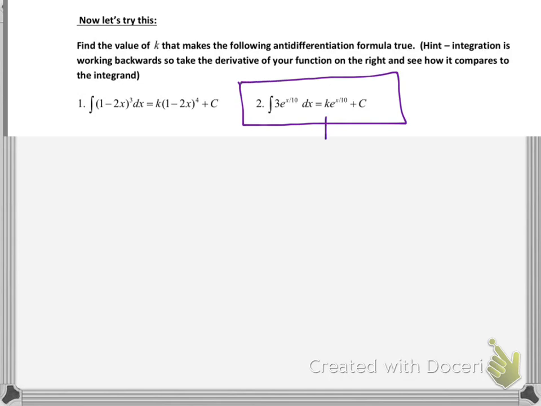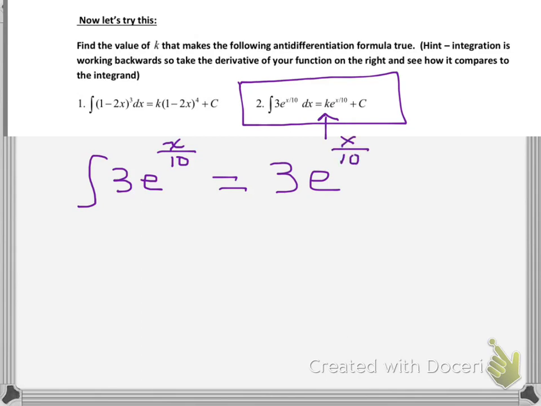Do you see how there's a k here, and they've taken the integration for us? So my approach is to come over here, write down what was behind your integral symbol, that was your integrand, and go ahead and solve it. I see it's an e problem. I'm going to write down the 3, the e, and the x over 10, because I know I write down what I see.